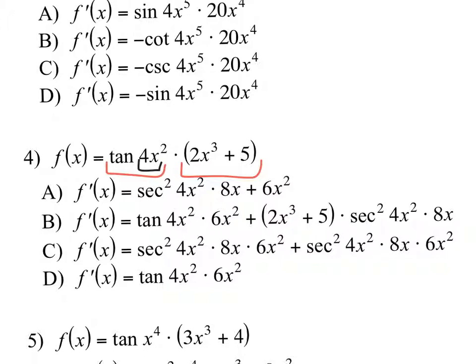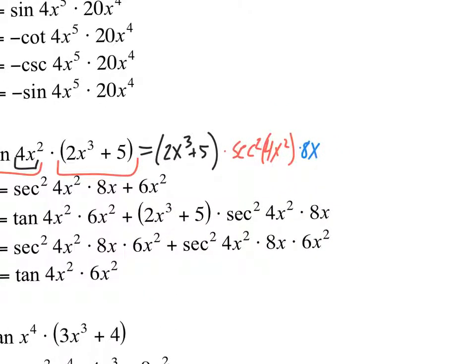Okay, so we've got the second, 2x cubed plus 5 times the derivative of the first, so secant squared of 4x squared, and then the chain times 8x, and that's going to be plus the first, tangent of 4x squared times the derivative of the second, which is going to be 6x squared.